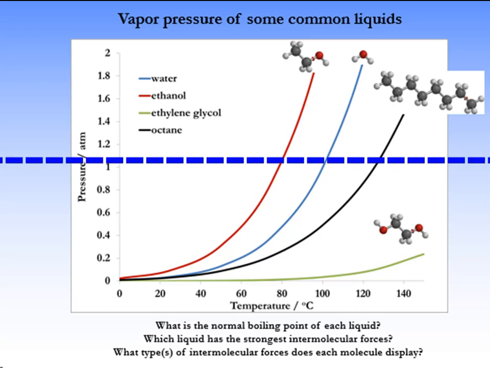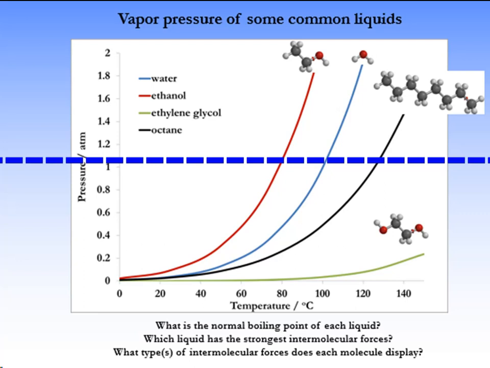We draw a line straight across, and we notice that at 1 atmosphere, that is the vapor pressure of ethanol at roughly 80 degrees Celsius, if we see where those 2 points meet. And therefore, we know anytime we get above roughly 80 degrees Celsius, the vapor pressure of the ethanol is going to exceed 1 atmosphere. So that means the boiling point of ethanol is roughly 80 degrees Celsius.